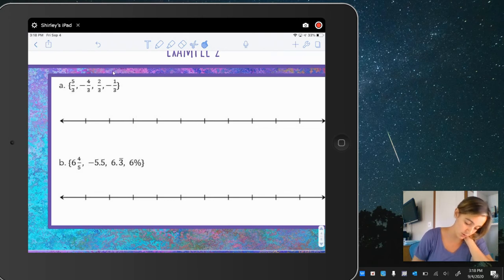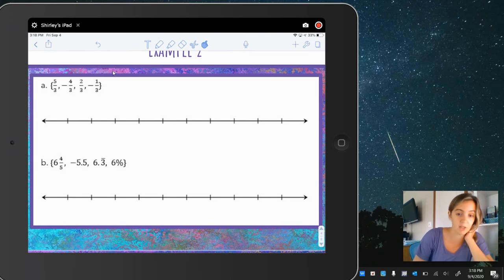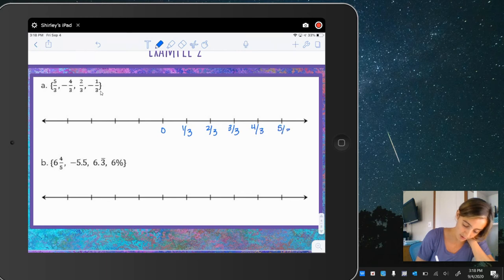First thing we want to do is go ahead and figure out your scale. So I'm counting by thirds. So let's put 0 in the middle because I know I have some positive numbers and some negative numbers. So I'm going to count 1/3, 2/3, 3/3, 4/3, 5/3, and then I have -1/3, -2/3, -3/3, and -4/3.